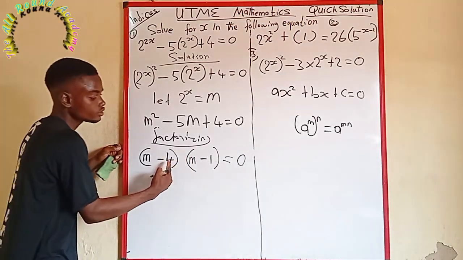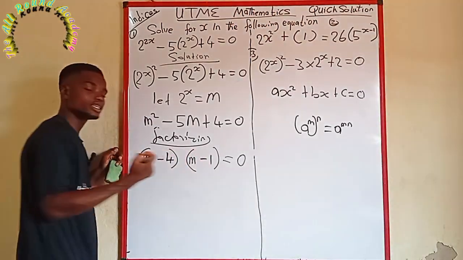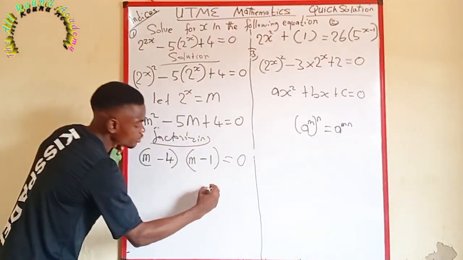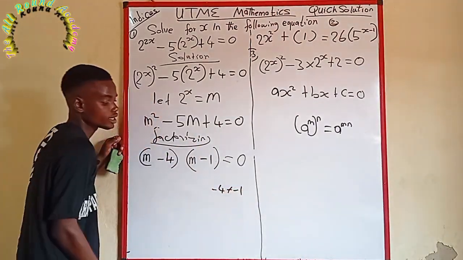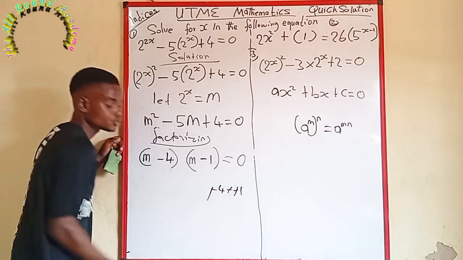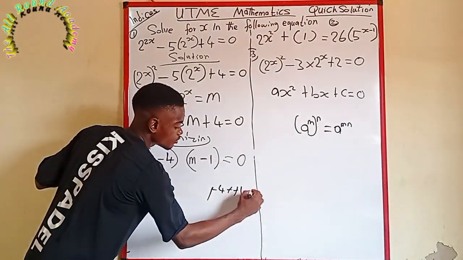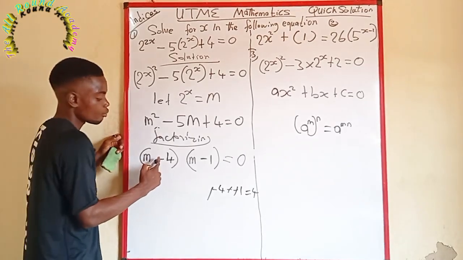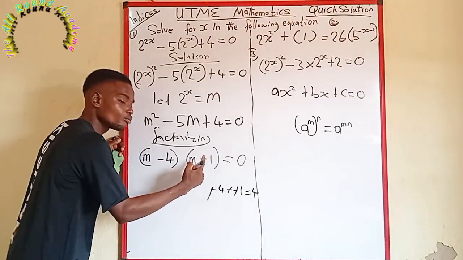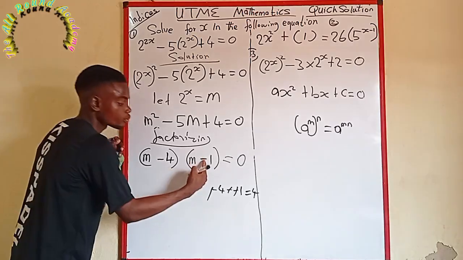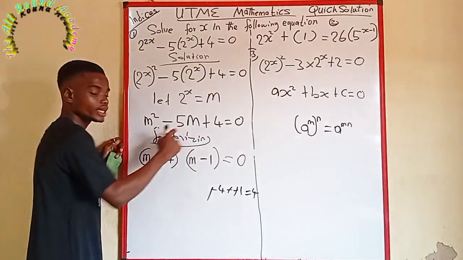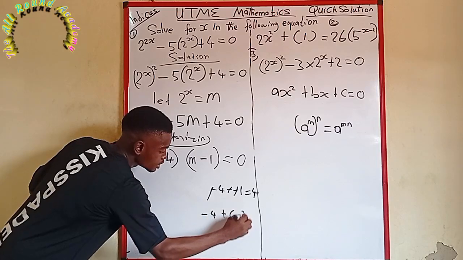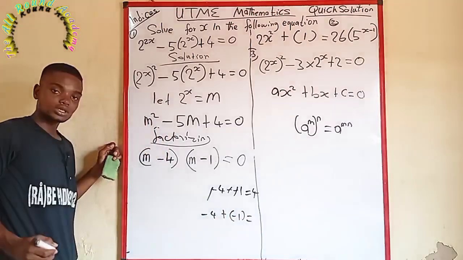Negative 4 multiplied by negative 1 gives positive 4, because these signs cancel to give positive 4. Now, will negative 4 plus negative 1 give me negative 5? Let's do that. Negative 4 plus negative 1, what is it going to give me?